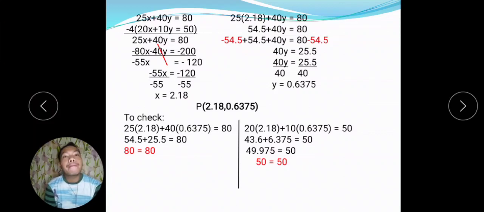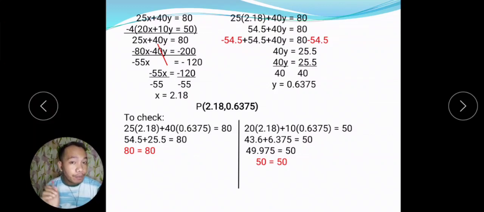So our coordinate will be 2.18 and 0.6375. These are our point of intersection. To check if it is correct, we will plug in both the values of x and y into our original constraint, disregarding the inequality.